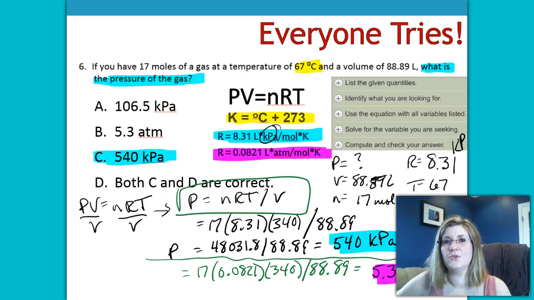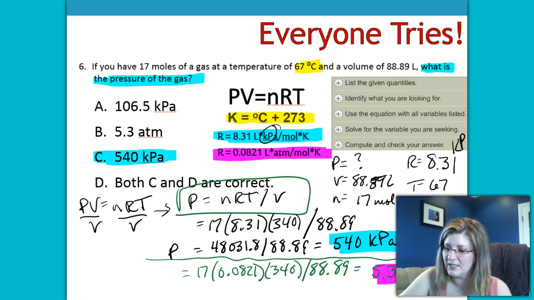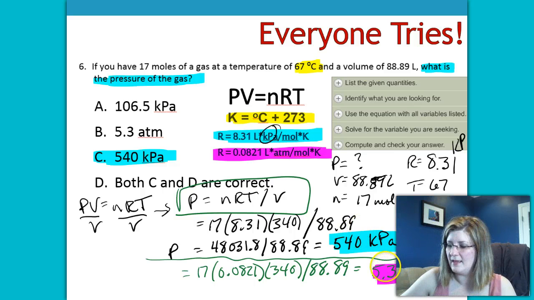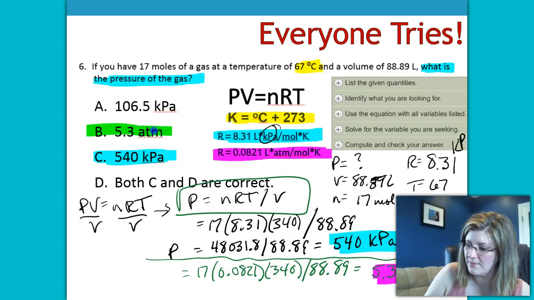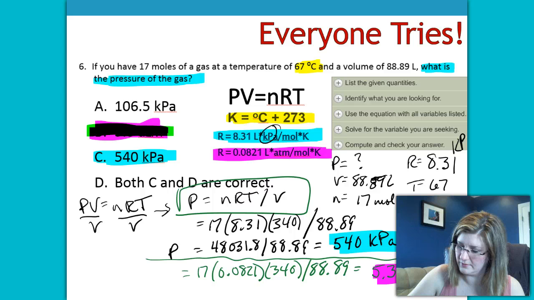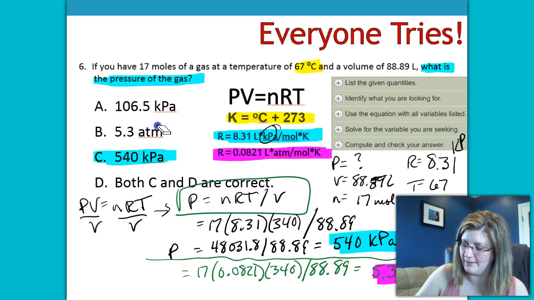But do you see when you use those two R values how different each of your answers is? We have 540 versus 5.3. That's 100 times different. And the reason it's 100 times different is because our R values are a magnitude of 100 times different apart. Okay, so that was 5.3.